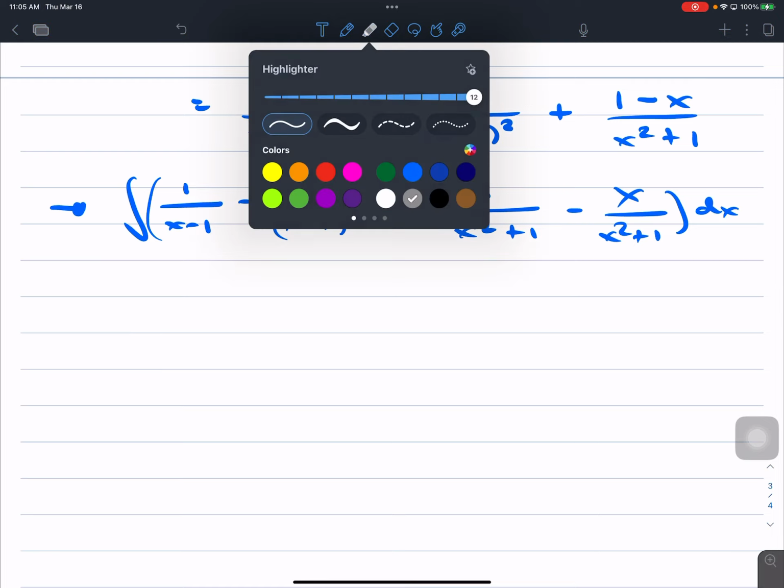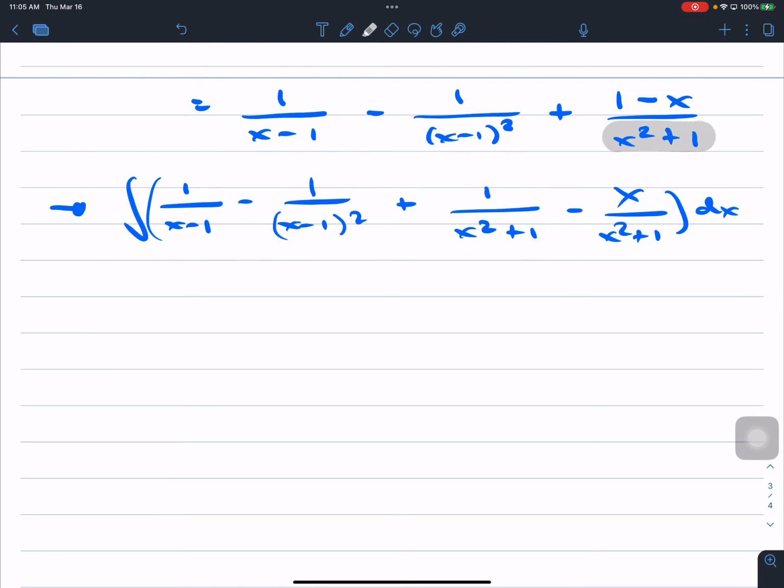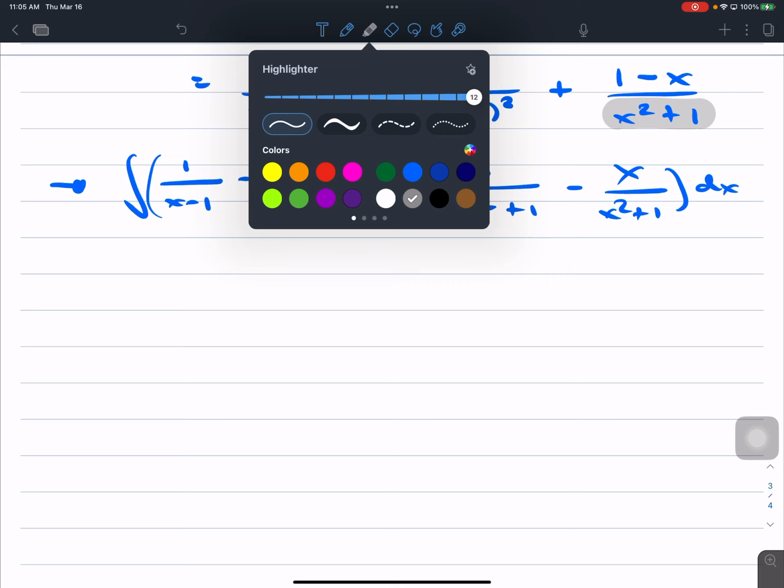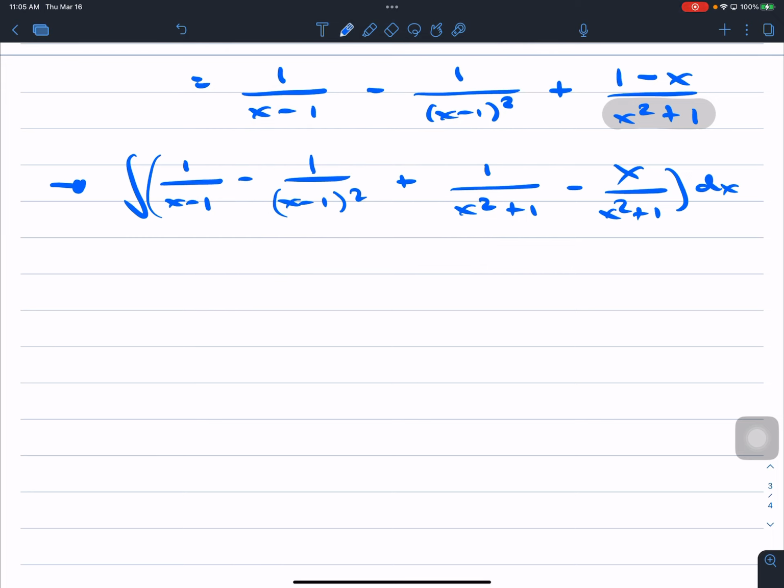Do you guys remember? I used the distributive property, meaning you're dividing a difference by two numbers. You can separate that difference. And then why is that a good thing? Yeah, we actually have what? 4 integrals, right?